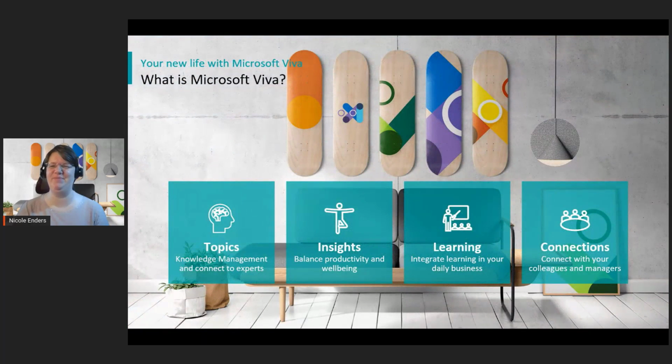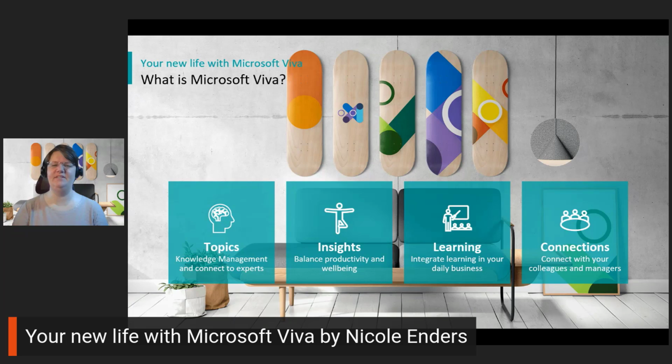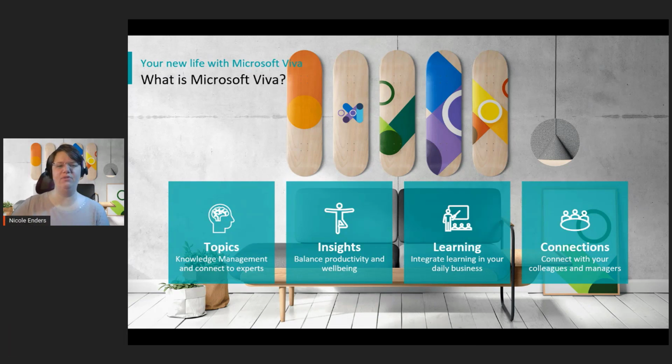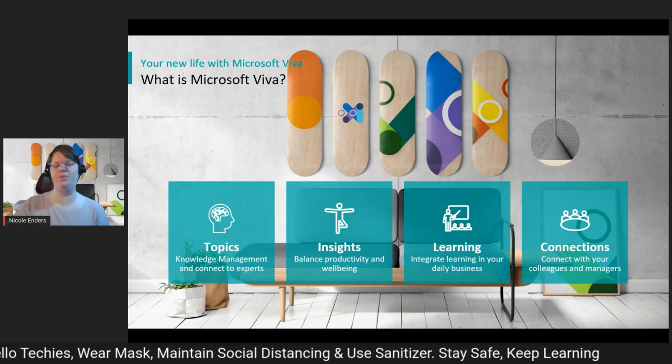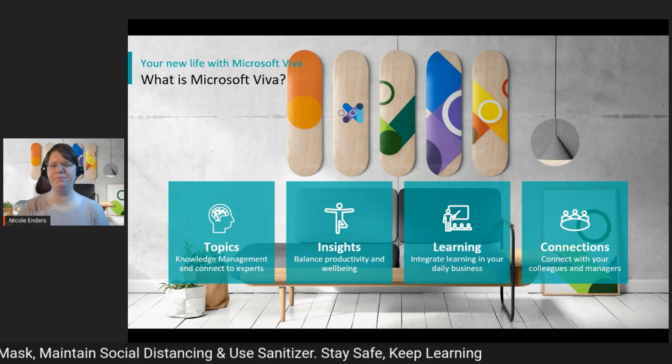I want to talk about Microsoft Viva, so let's go to the slide. I don't talk about it being a real new tool, because Microsoft Viva, you will see it in Microsoft Teams. And I will focus on each of these four components later on.